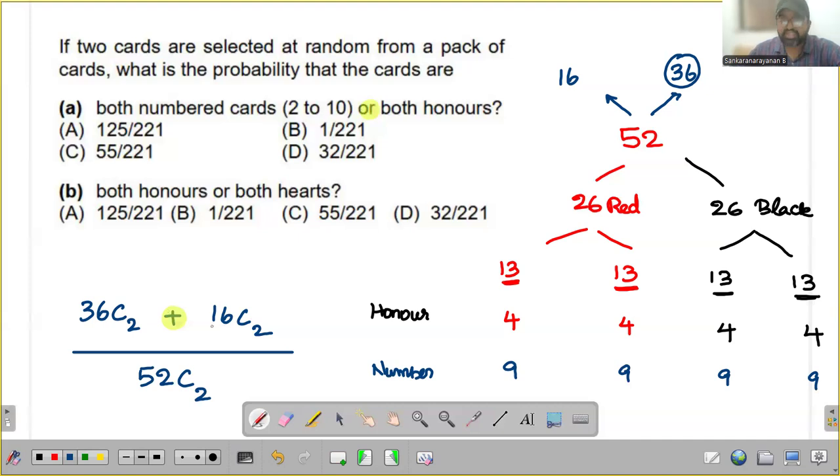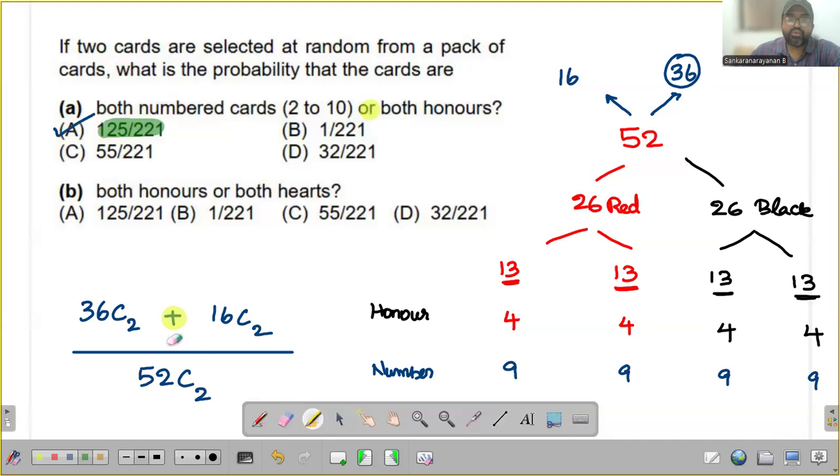Upon simplification, this will come as 125 divided by 221. Option A is going to be my answer. You will get 630 plus 120 whole divided by 1326. Upon calculating, you will be getting the final answer as 125 upon 221.